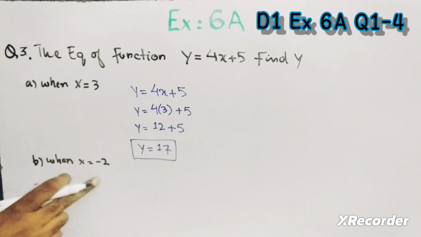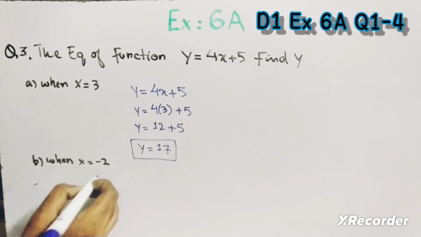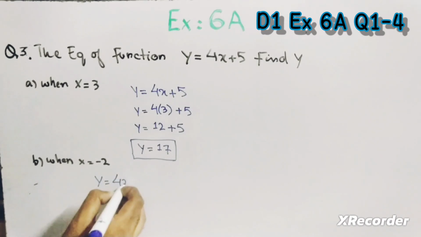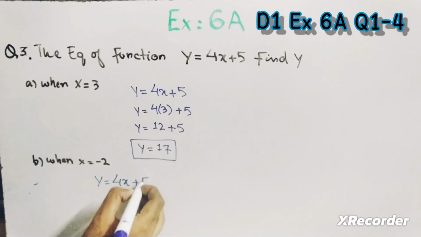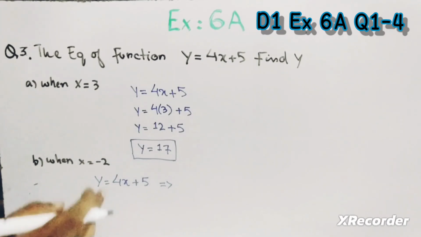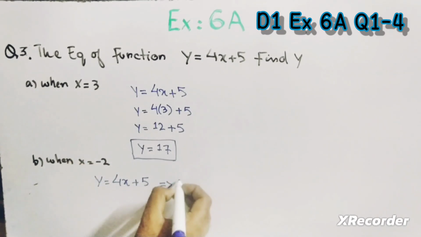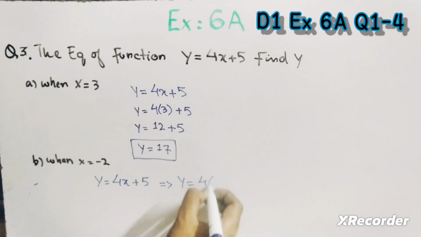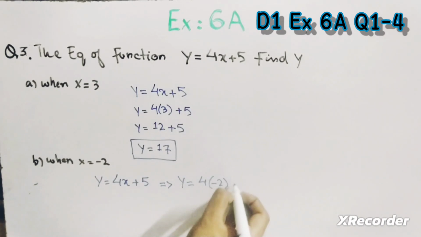Similarly, when x is equal to -2, the given function is y is equal to 4 times x plus 5. Now put the value of -2 in x, we get y is equal to 4 times -2 plus 5.